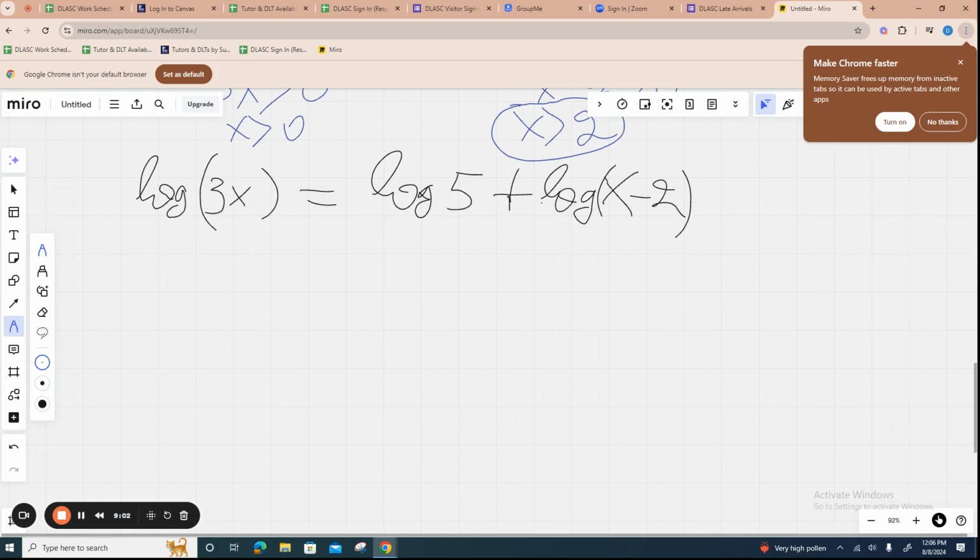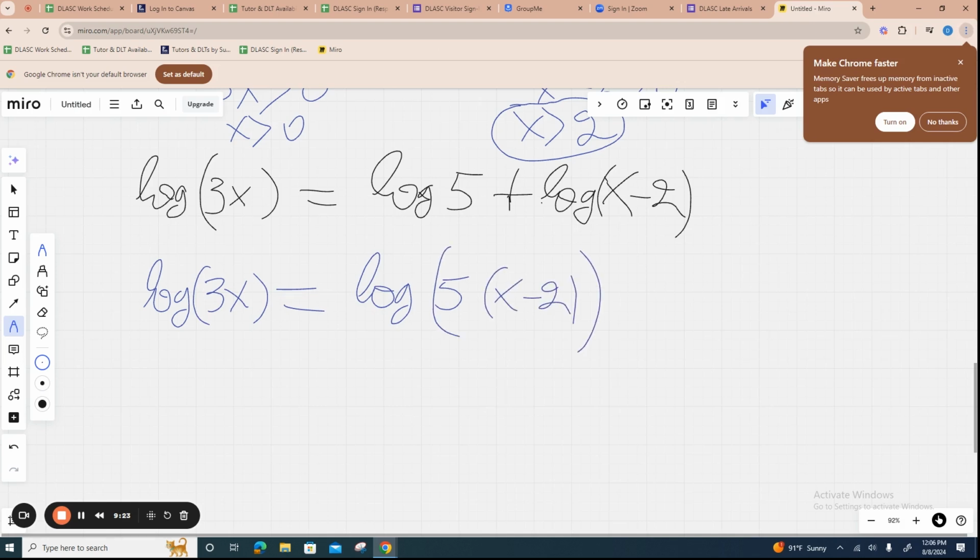So on the right side, I have a plus. I can multiply those because I don't have any numbers in front. So this becomes log of 3x is equal to log of 5 times x minus 2, right? I can multiply because there's a plus in front.